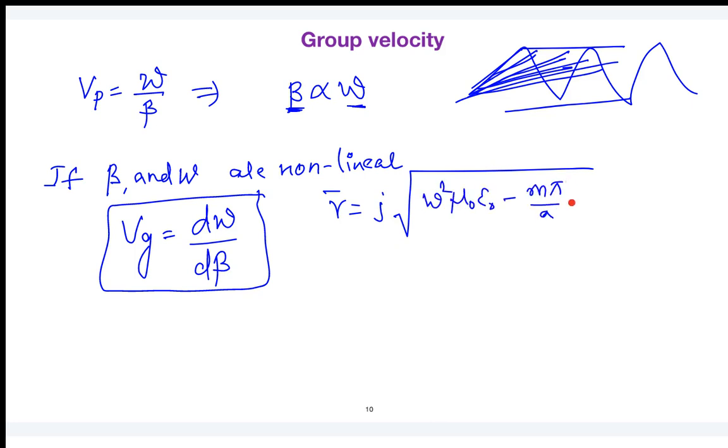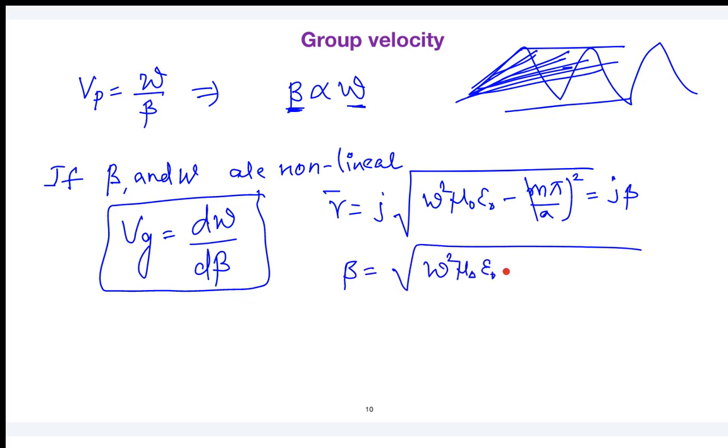So it is j beta. By comparing, you can say beta is equal to root over omega square mu naught epsilon naught minus m pi by a whole square.